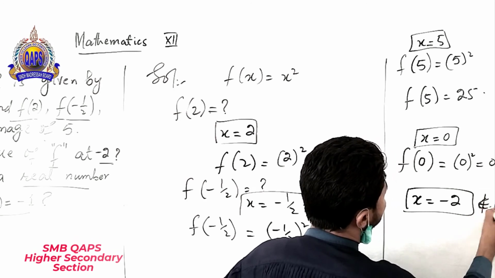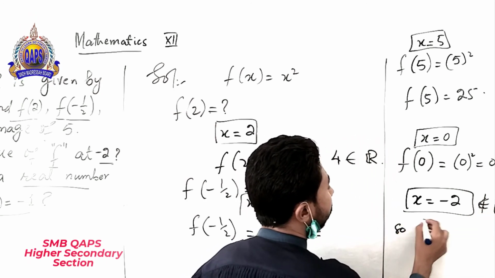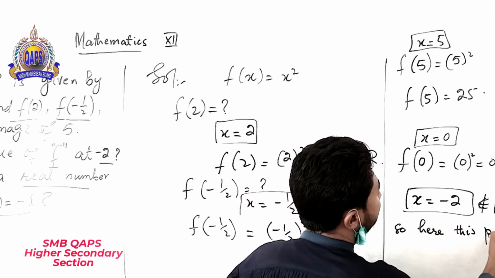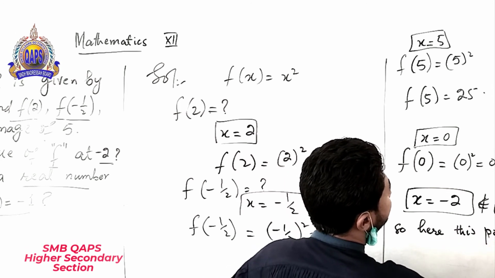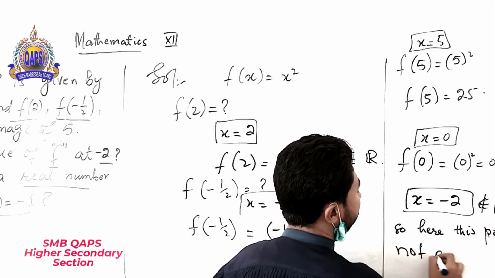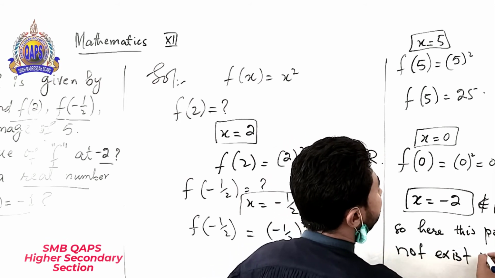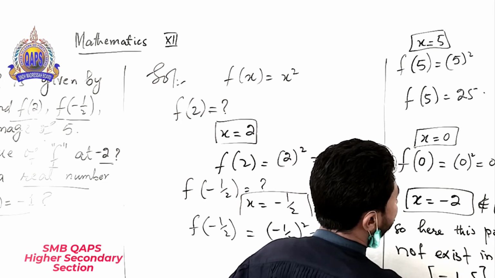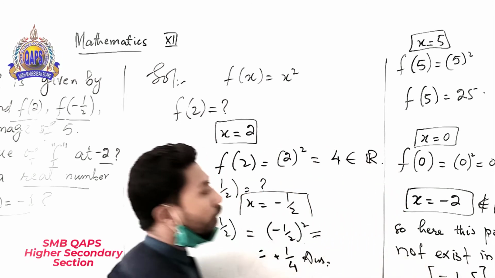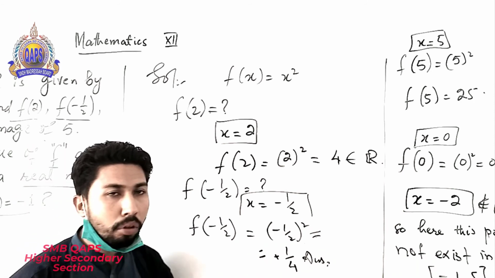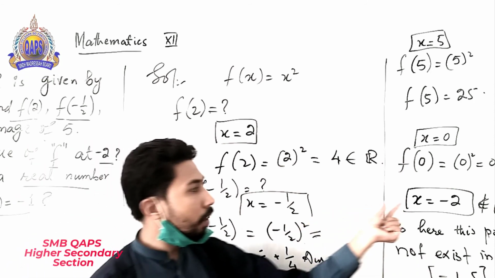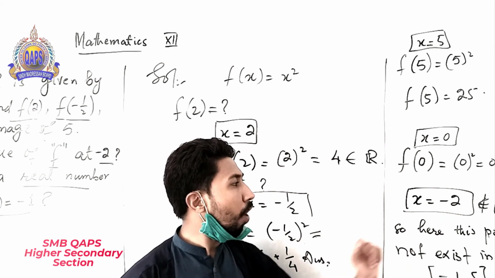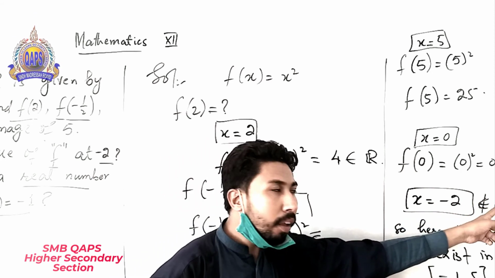So this point does not exist in the interval. In this sense we cannot solve the function at the point of minus 2, because minus 2 is not in the given interval.